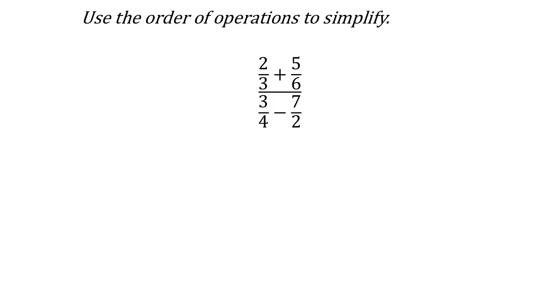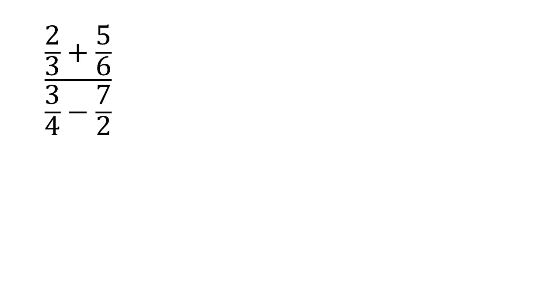So if we consider this as an order of operations problem, that means that I would be focusing strictly on the numerator first. I like to start with the numerator, so 2/3 plus 5/6. So I'll start operating with this, by finding a common denominator with the 2/3 and the 5/6, which has a common denominator of 6.